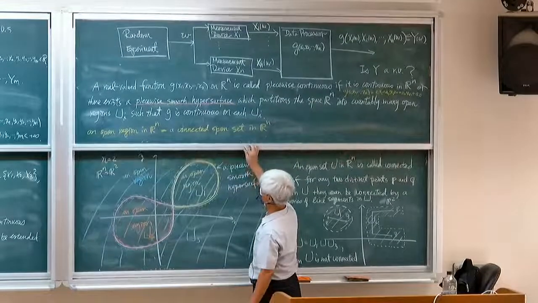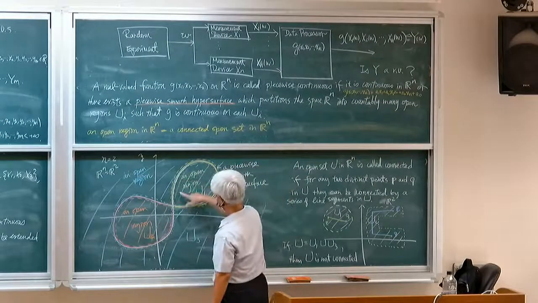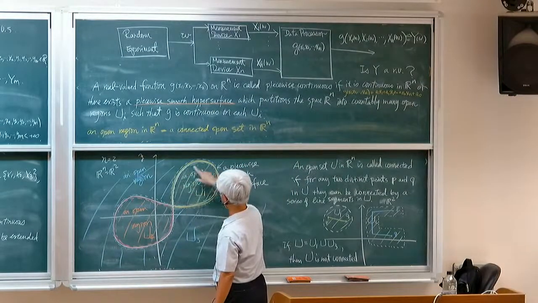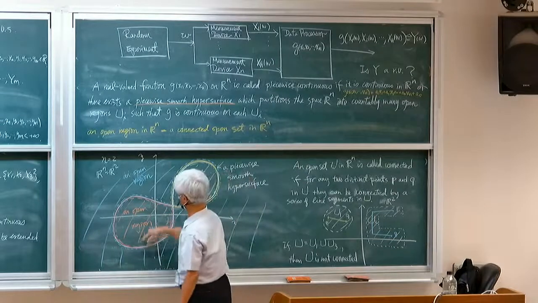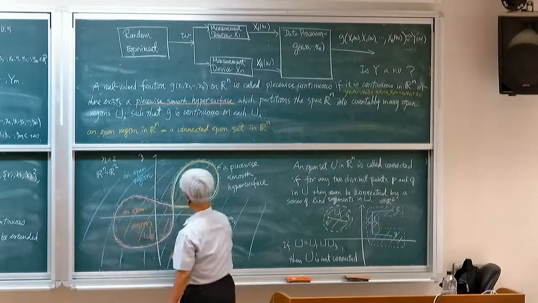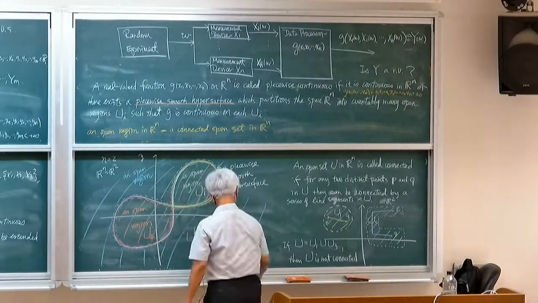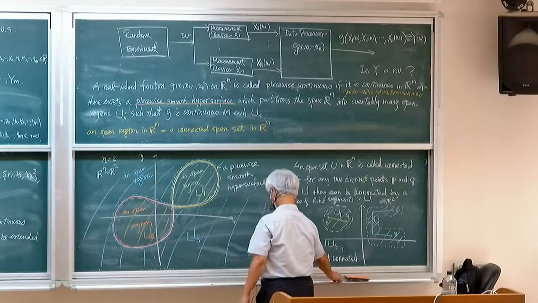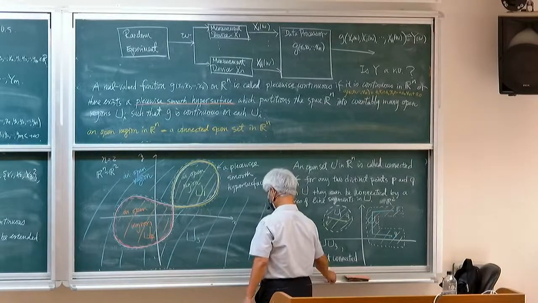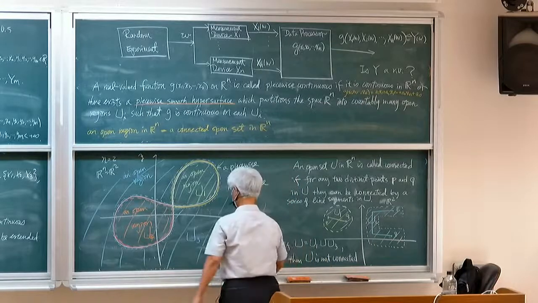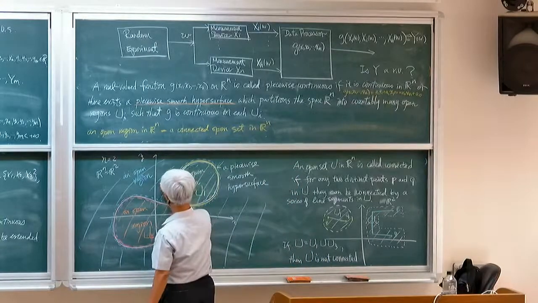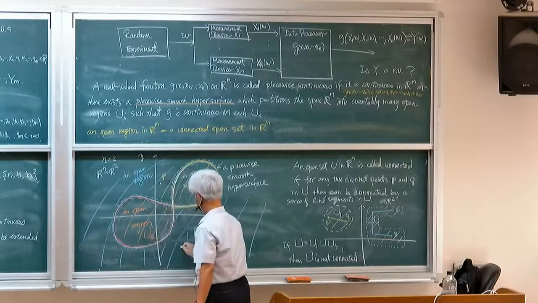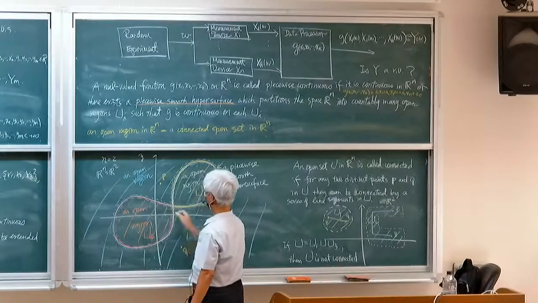This is a connected open set. This is a connected open set. Also, this is connected. Because if you have a point here and a point Q here, how can you connect them?